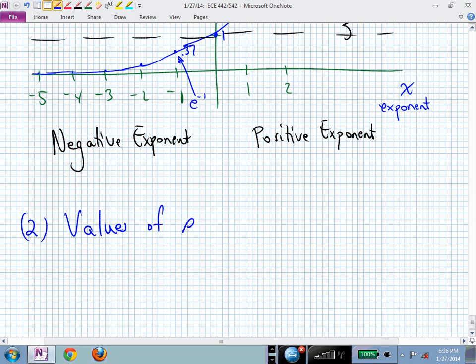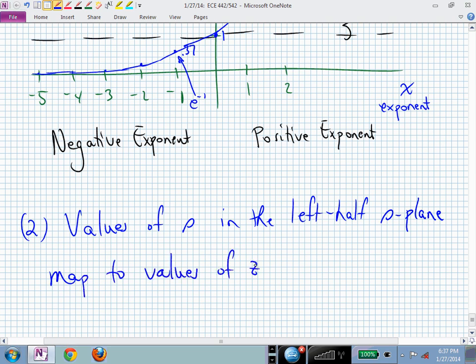Values of our complex frequency variable s in the left half s-plane, maybe I should say what plane it is because we now have multiple planes, map to values of z where?